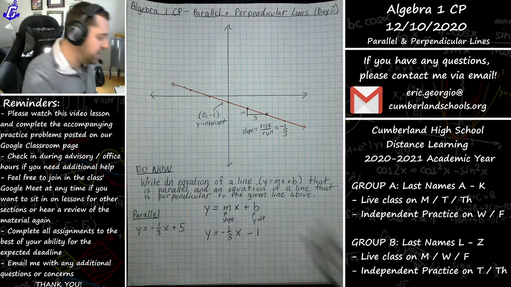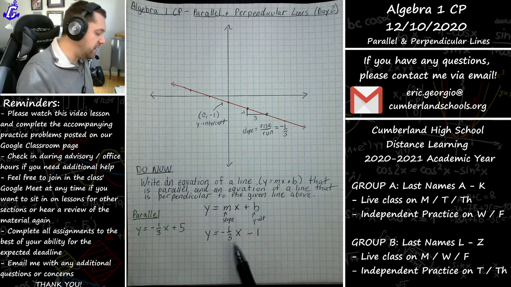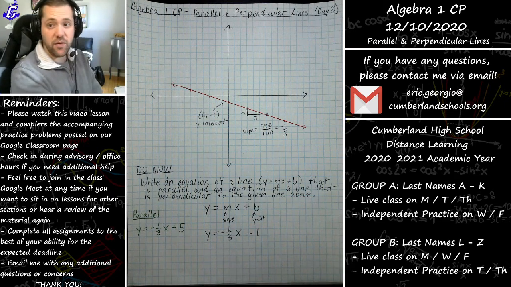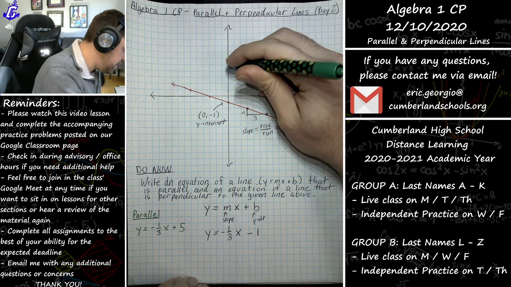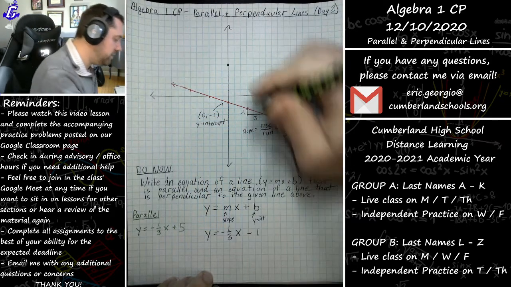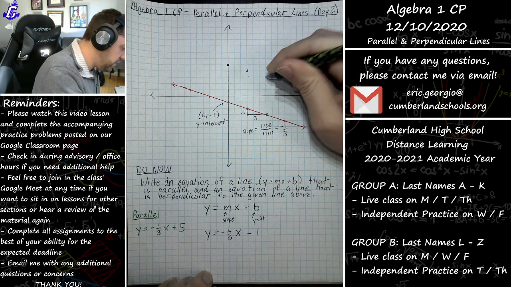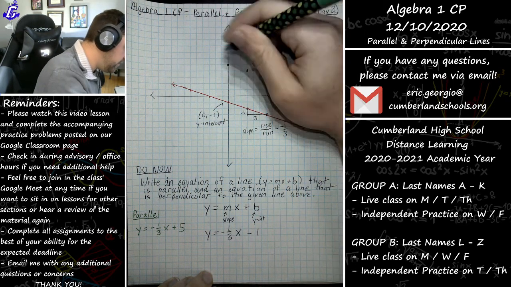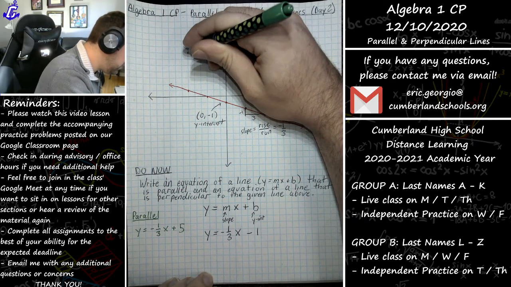And that line, if you notice, I'm going to draw it right now, will be parallel to this because it has the same slope. Check out what the graph looks like. I went to 1, 2, 3, 4, 5 right here. If I follow my slope of down 1 over 3, down 1 over 3, same thing. And if I went this way, we could do the slope in reverse: up 1 over 3, up 1 over 3.